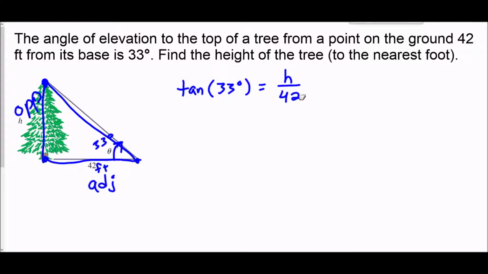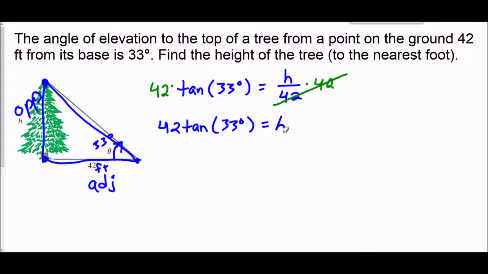We know the angle, we have the 42, but the opposite side we don't actually know. That's what we're solving for. The way you can solve this is by multiplying both sides of the equation by 42, because then these 42s will divide out. And then you have 42 times the tan of 33 equal to h.